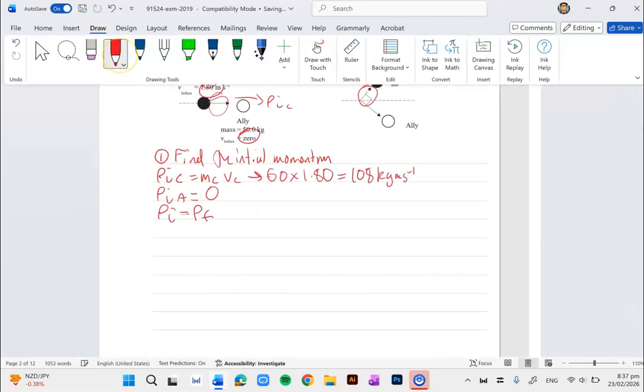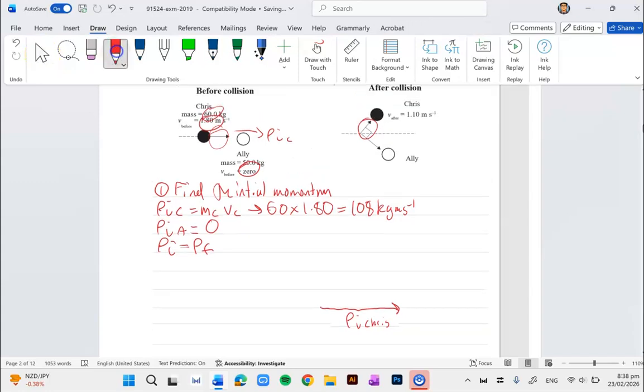Initial of Chris is going to be a big arrow facing forward. That's p_i Chris. Then we've got Chris's momentum afterwards, pointing upwards in that direction. This is p_f Chris.